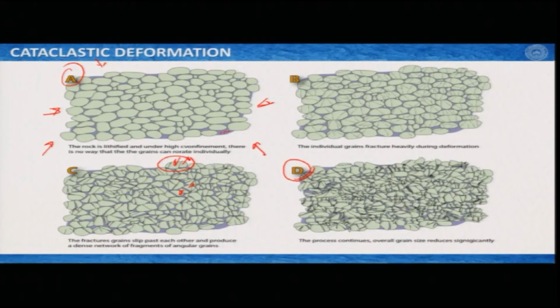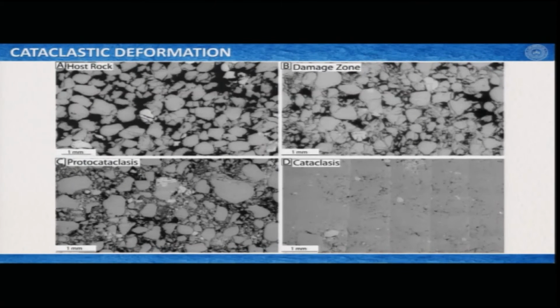They are not circular grains, their edges are not rounded, they are extremely angular. So, this is one of the characteristics of cataclastic deformation, and if we see this kind of structures either in the field or under a microscope, these are known as breccia or brecciated rocks. So, we will see some examples now.